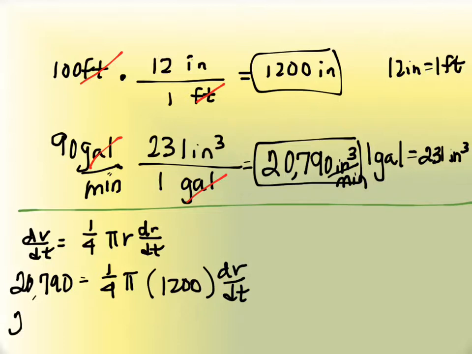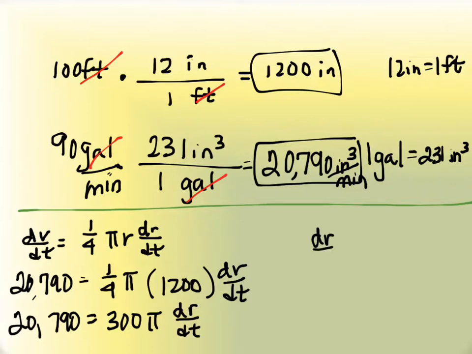You can do one step to clean up if you'd like right here just to make it easier on you when you're entering in the calculator. That 1/4 and that 1,200 is 300. So this is 300 pi. So dr/dt can be represented as the 20,790 divided by 300 pi. That is 300 times pi.